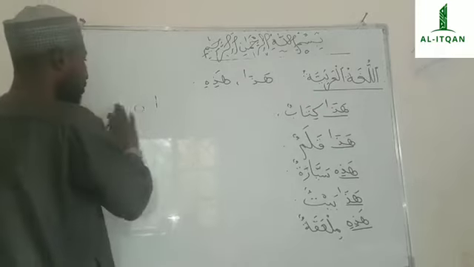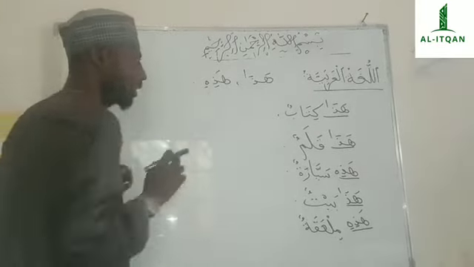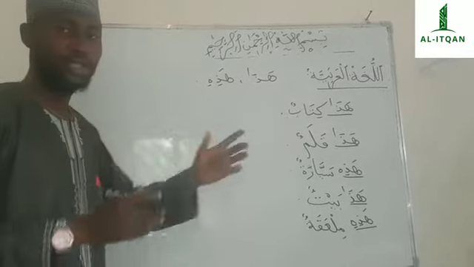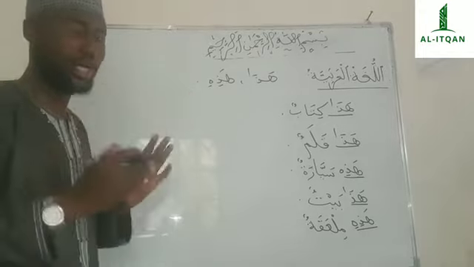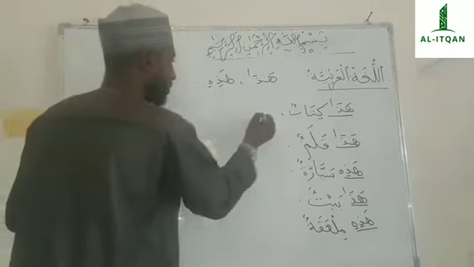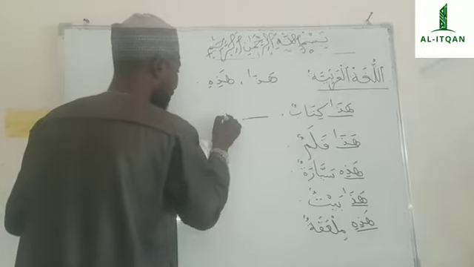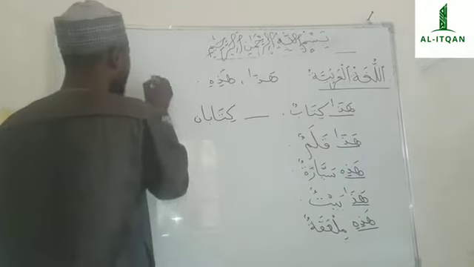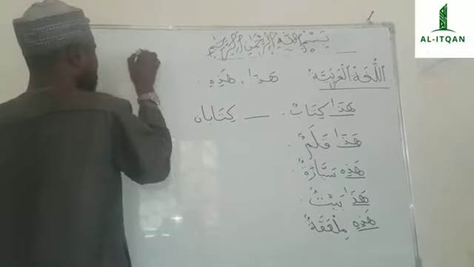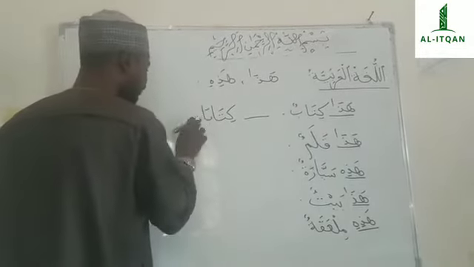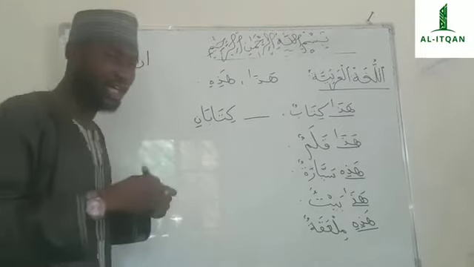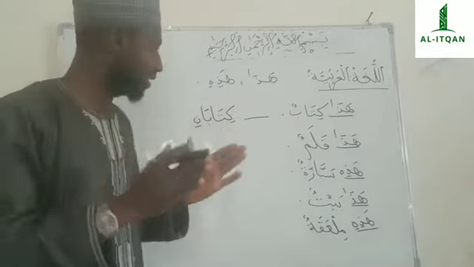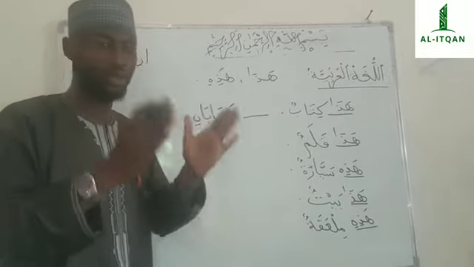For example, you have kitabun. You want to change kitabun from singular to dual. You will say kitabani by adding alif and nun. Any noun you want to change from singular to dual has to be with alif and nun.